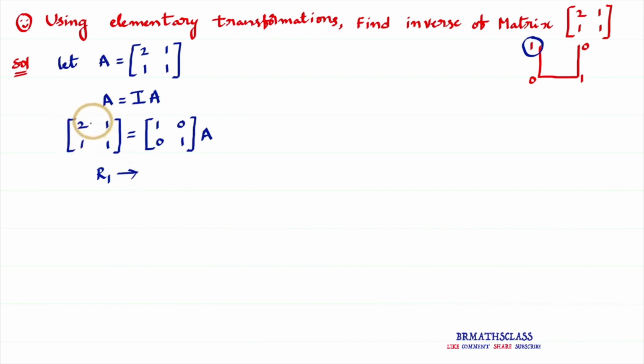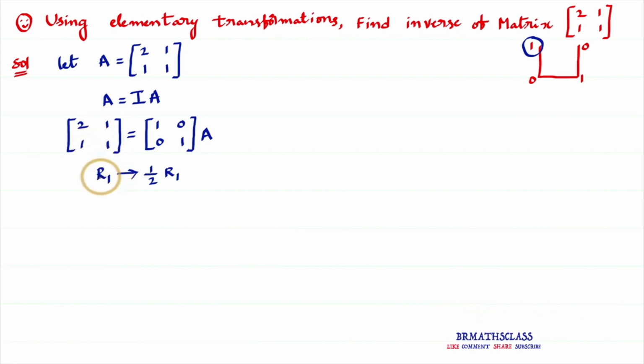How can I make this element 1? I'll divide this complete row with 2. Which is nothing but I'll multiply row 1 with 1 by 2. Suppose here 3 is there. You need to make this into 1. You just multiply with 1 by 3. No other thing. You can make it in other methods also. But if you follow this procedure, you will get the things very easily.